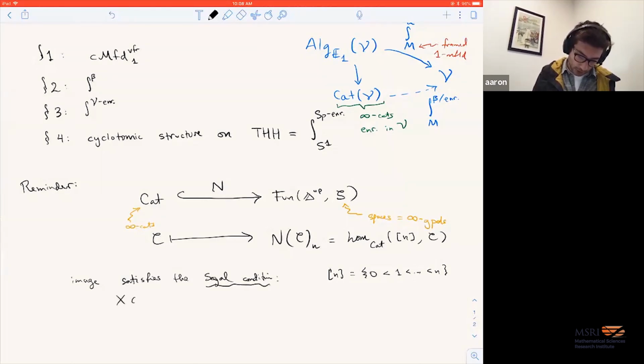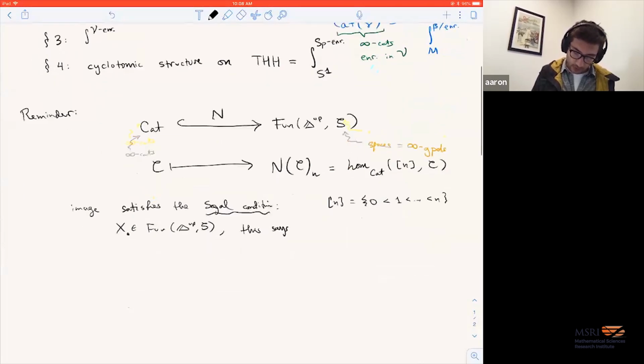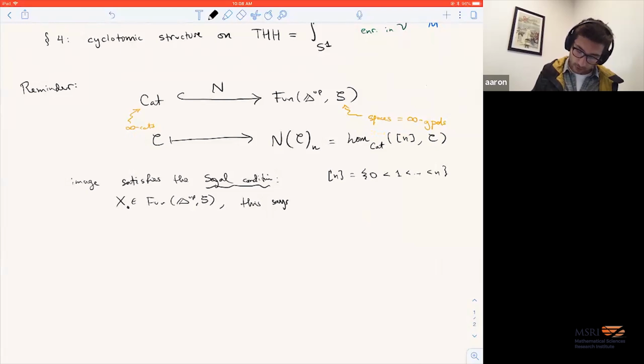So on a simplicial space X bullet, this says that for any n greater than or equal to 2, Xn has this natural map to X1 fibered over X0 with X1, and this map must be an equivalence.